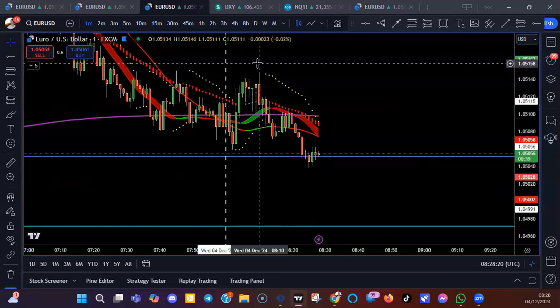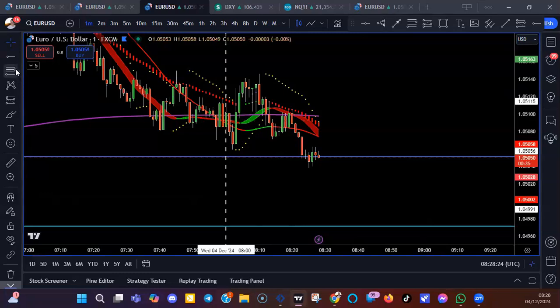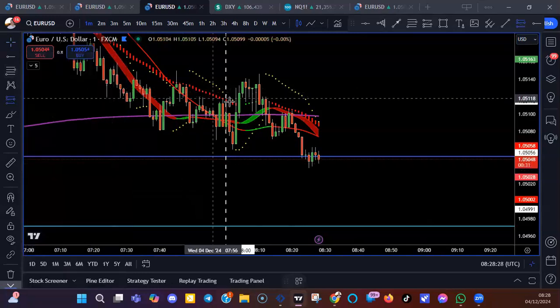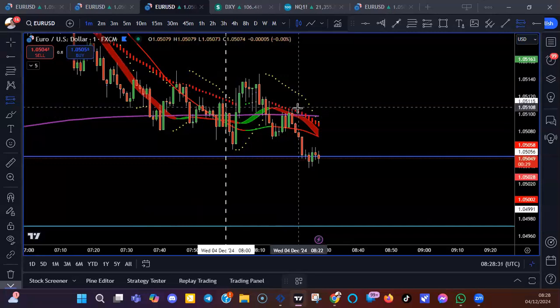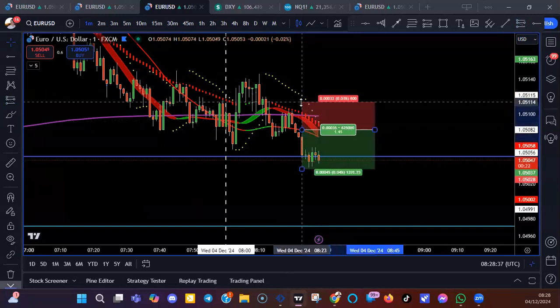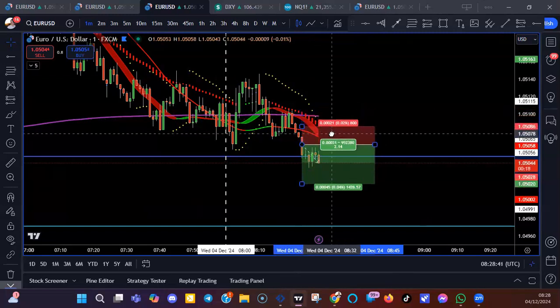if there was a sell alert there, for example, let's just do a scenario. You'd want to be going 2.1 pips away.